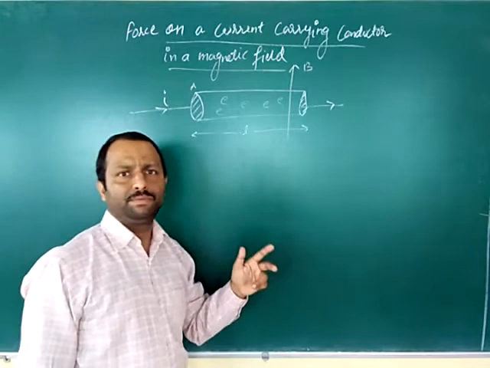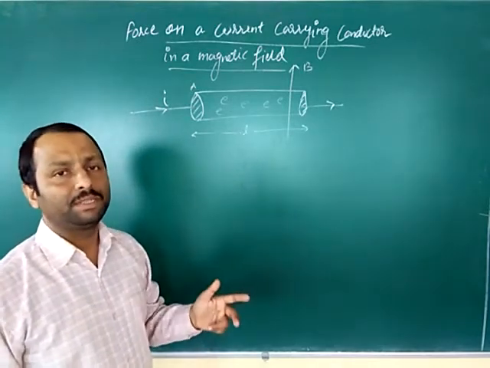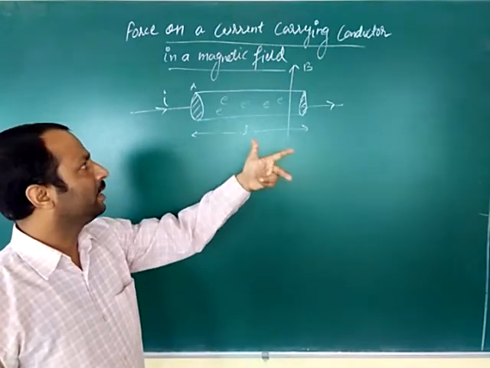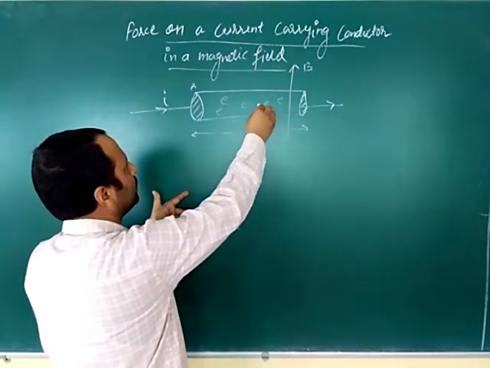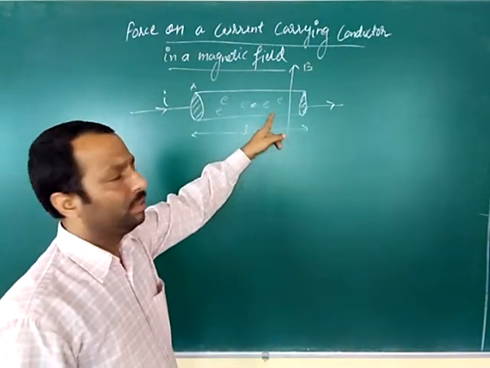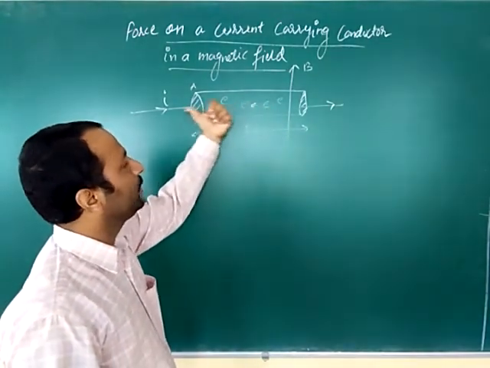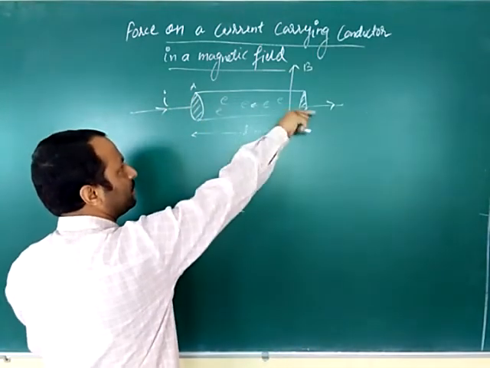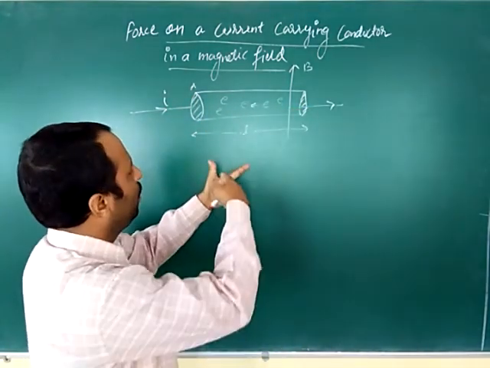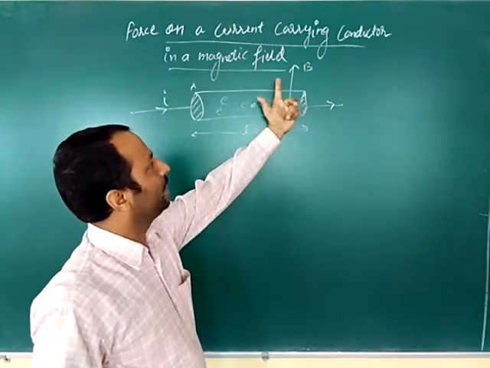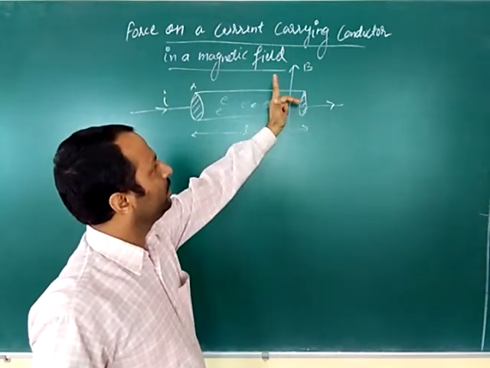For that we have studied that we have to apply Fleming's left hand rule: force, magnetic field and current. We are talking about the electrons. As the electrons are drifting towards this end, the direction of the electric current is in this direction. So force, magnetic field and current. Magnetic field is in the upward direction and current is in this direction.